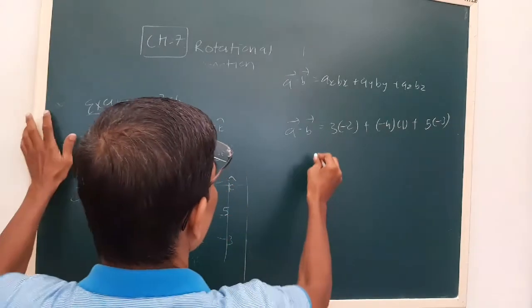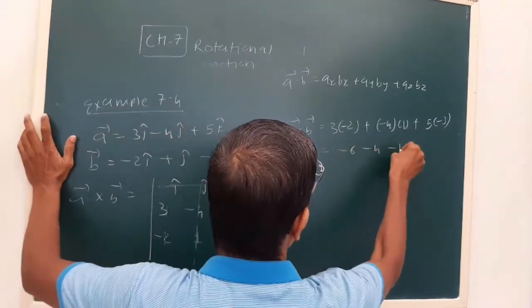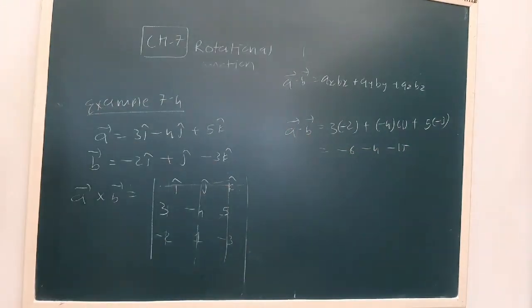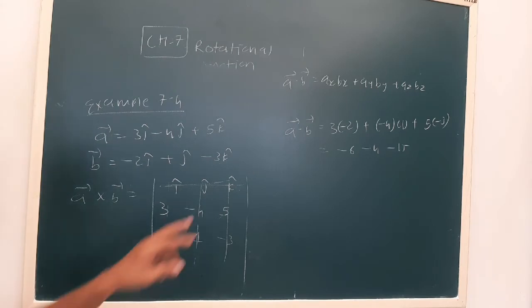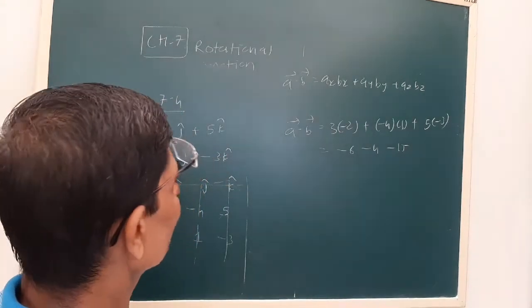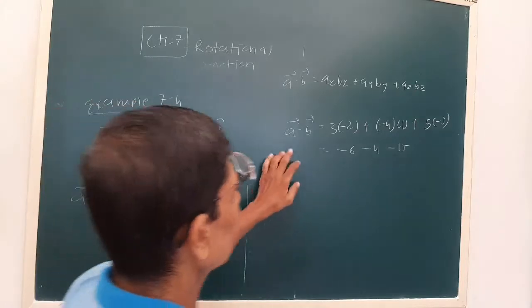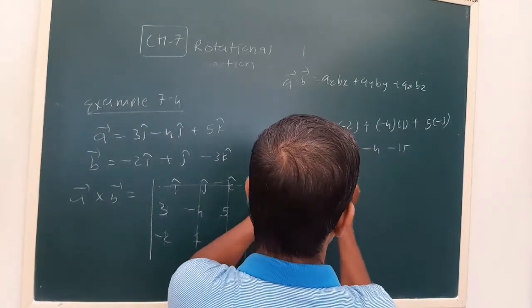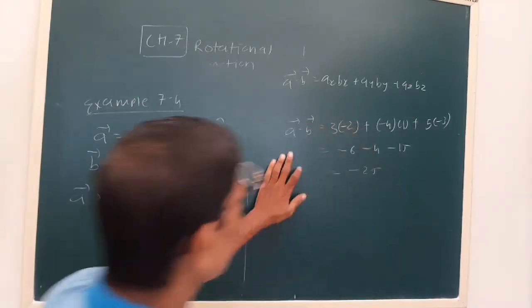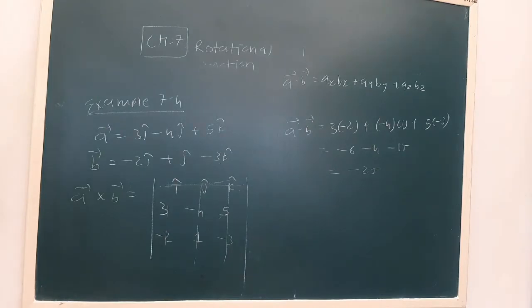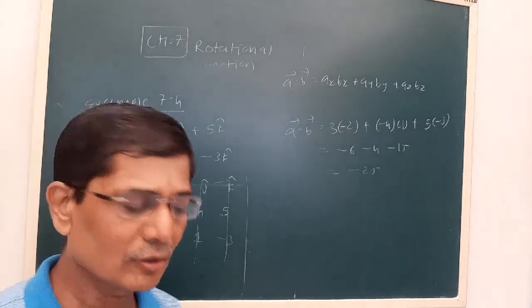If I simplify, minus 6 minus 4 minus 15, this will be minus 25. This is how we can find the scalar product also.